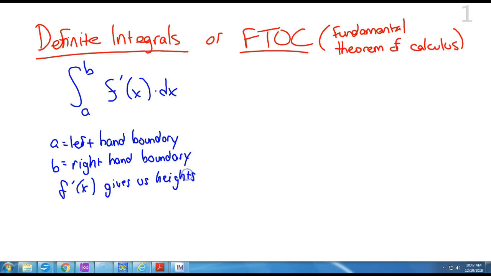F prime of x gives us the heights of each rectangle. Dx gives us the widths of each rectangle.